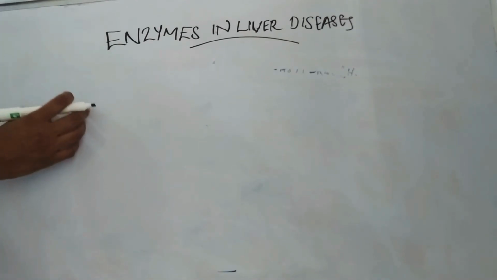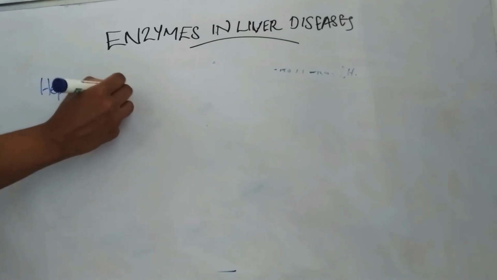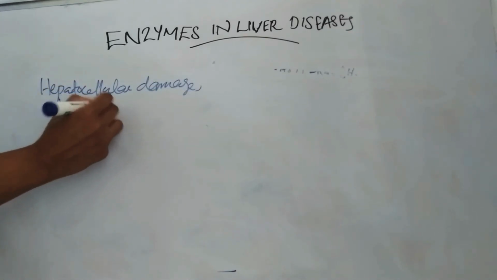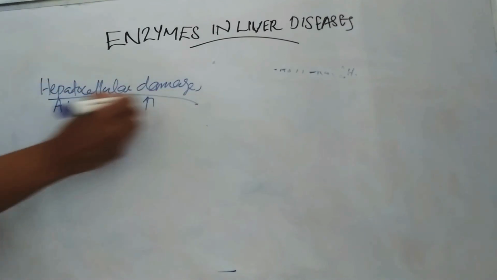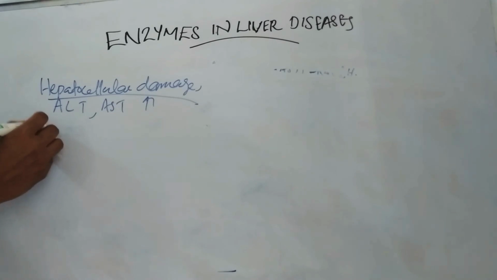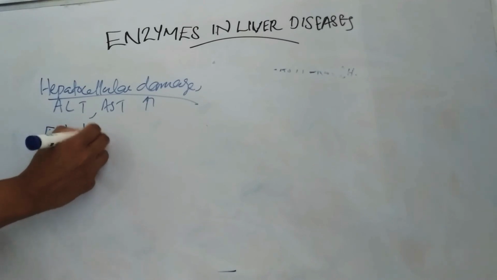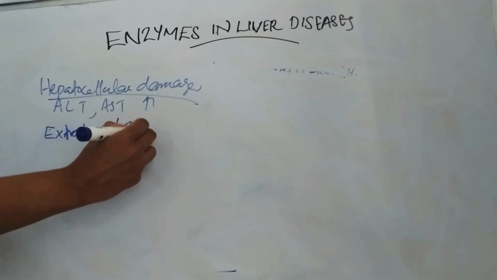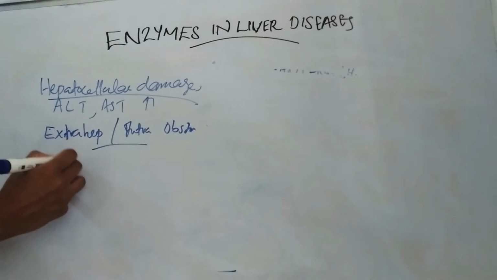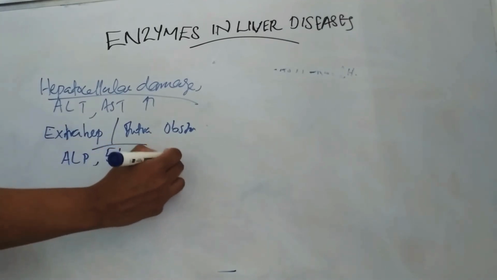So if there is hepatocellular damage, ALT and AST will increase. Then in extrahepatic or intrahepatic obstruction, there will be increase in ALP, 5' nucleotidase and GGT.